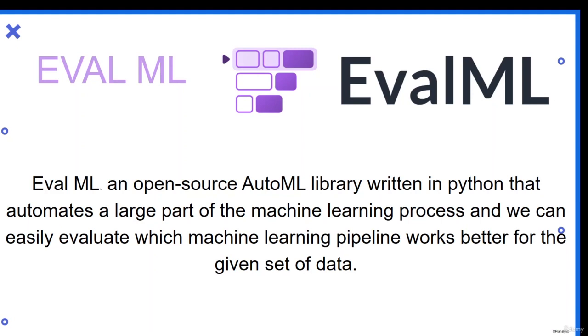EvalML has it all. It automatically checks your data and fits all the models. It has an attribute called compare models, which I'll be showing you further in the project, along with how we can use EvalML and all the different things. It has a website also. You can check the official website of EvalML, from where you can obtain various information and commands which you can use. We'll be discussing all of these in this project.